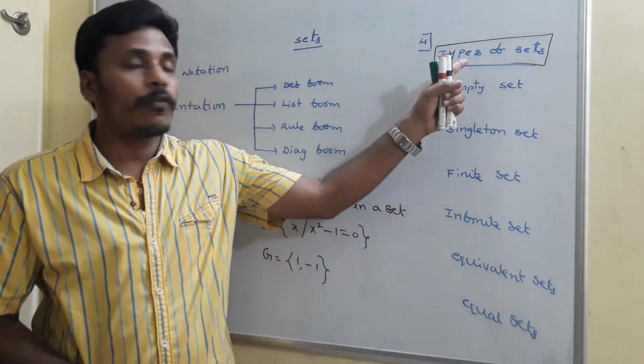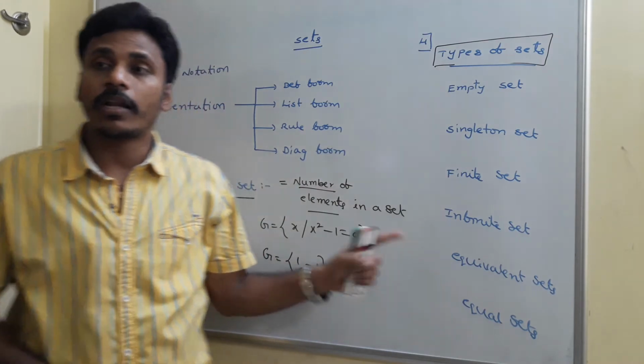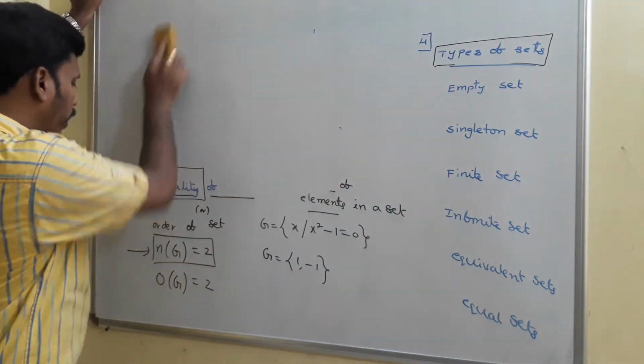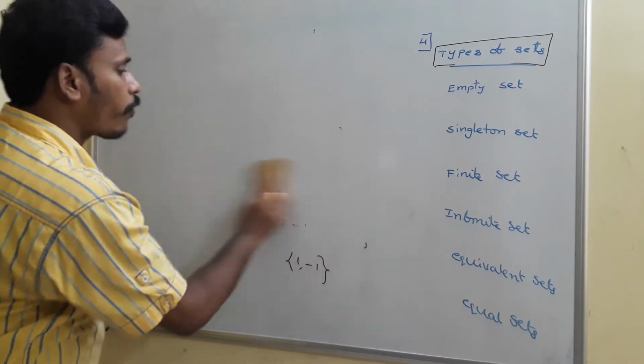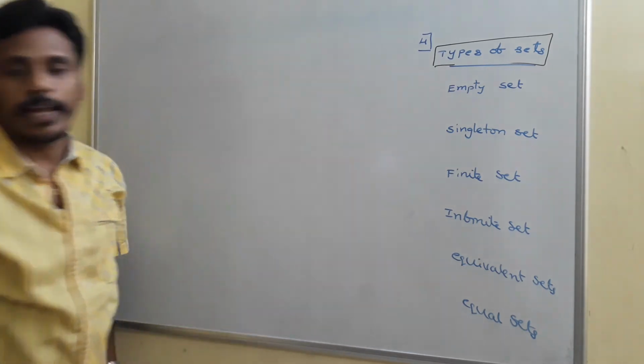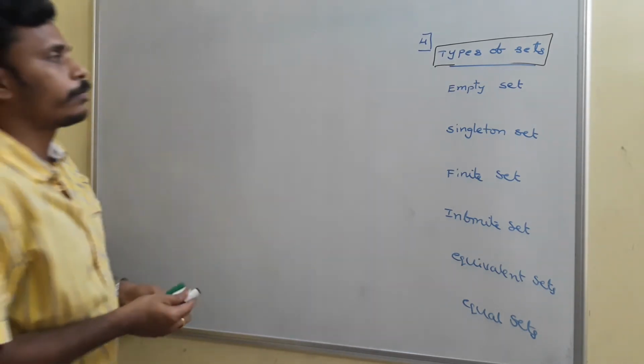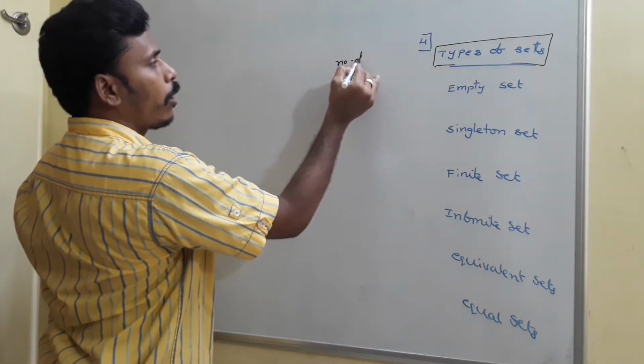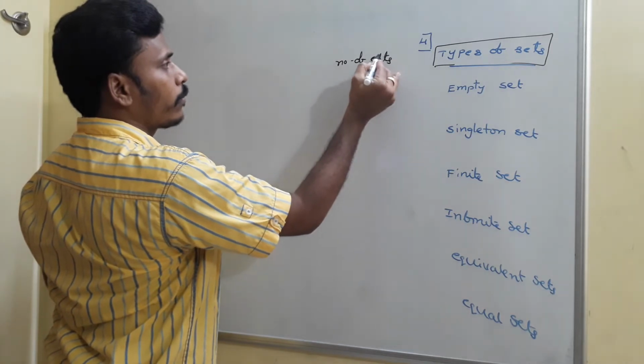So these types of sets are usually based on the cardinality of a set. Depending upon the cardinality, in the sense depending on the number of elements, we have different types.